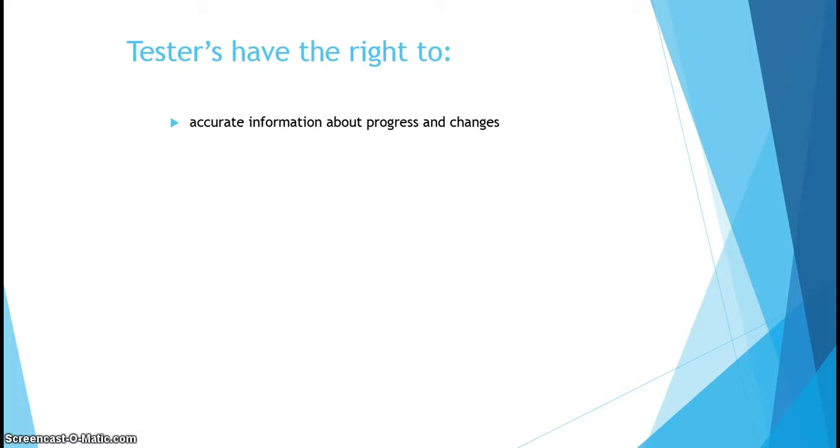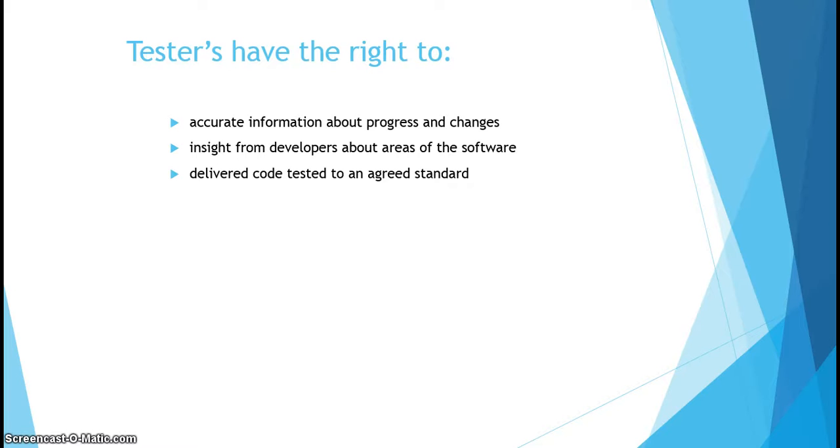Now there are certain rights and certain responsibilities for testers, right? The testers have a right to accurate information about the changes, insight from developers about the areas of software. A certain level of testing should be done on the code before it comes to testing, meaning that your entry criteria should be satisfied, which is defined in your test plan.